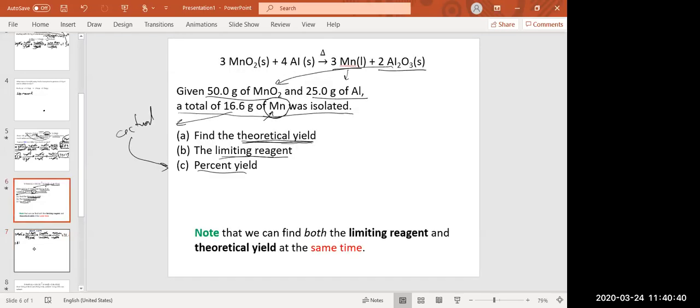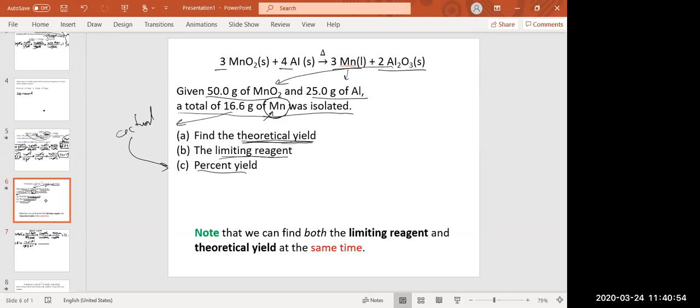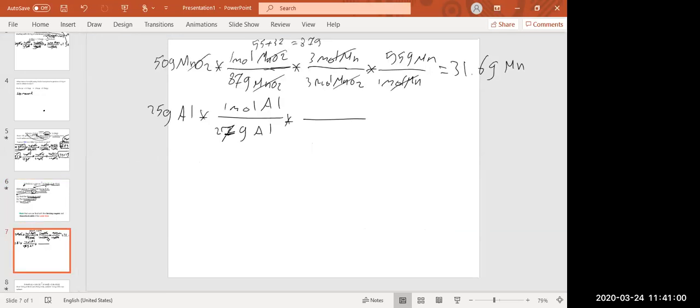Yeah, 25, times 1 mole Al divided by 27 gram aluminum, times the mole-to-mole ratio between aluminum and manganese: 4 mole aluminum, 3 mole manganese, times the molar mass of manganese, which is 55 gram manganese divided by 1 mole manganese. So mole Al with mole Al, gram Al with gram Al.